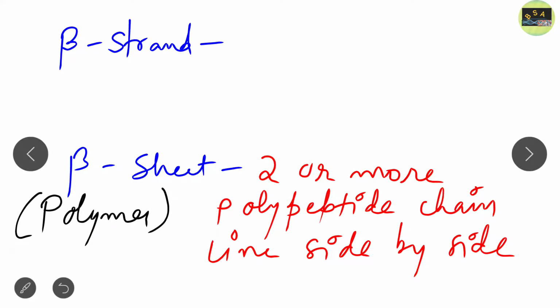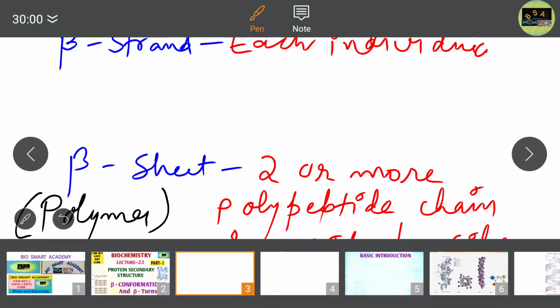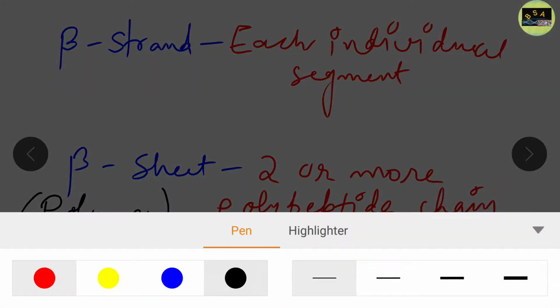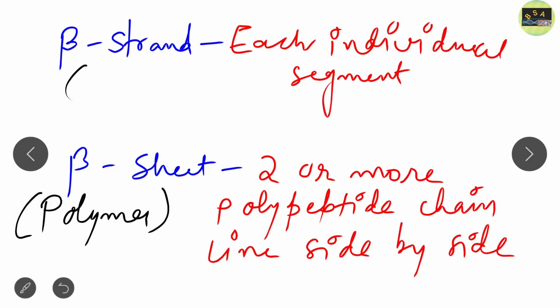But in case of beta strand, each individual segment of beta sheet is called a beta strand. That's why we call beta strand a monomer. So students, remember the difference between beta strand and beta sheet.